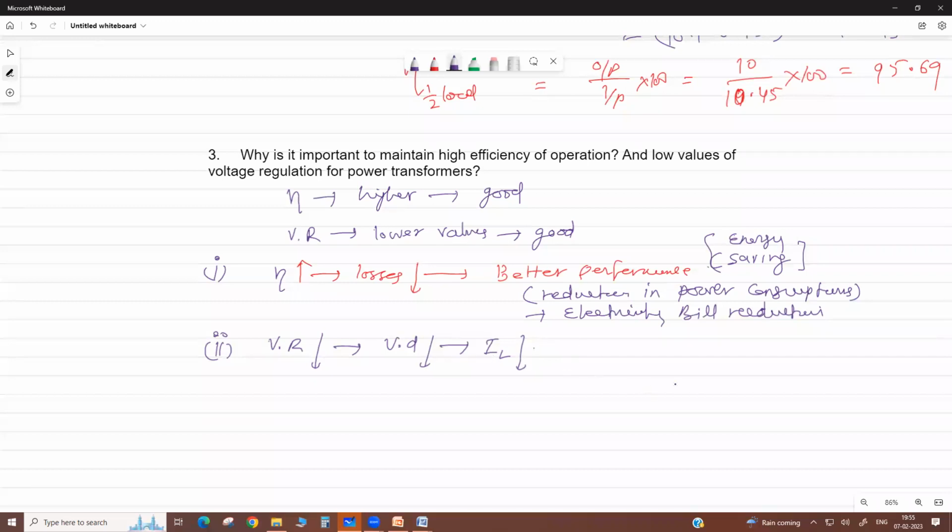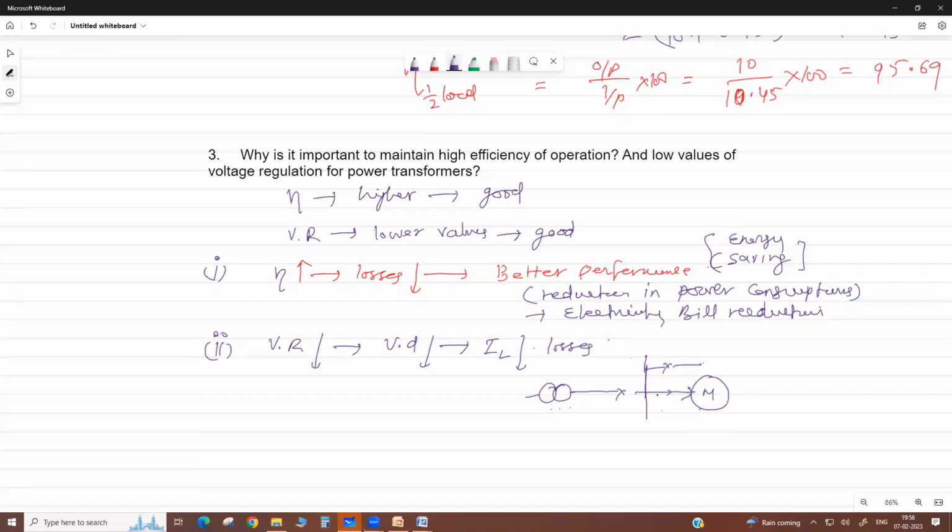Higher terminal voltage means rated voltage at the motor terminal, since the transformer feeds the motor. Lower voltage regulation means we get better voltage at the bus bar. If the motor terminal voltage is higher, the motor draws less current. If there is under voltage, the motor draws more current. So if current is low, losses will be low.